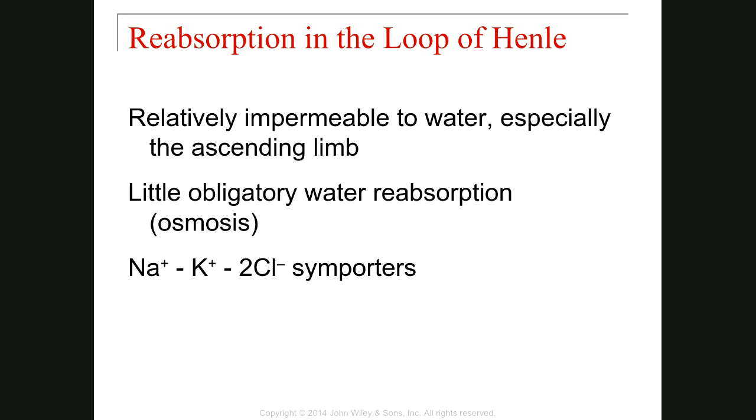When the filtered substance enters the nephron loop, we have reabsorption of about 15% of water, and we have reabsorption of sodium ion, chloride ion, and also potassium ion in the loop of Henle.